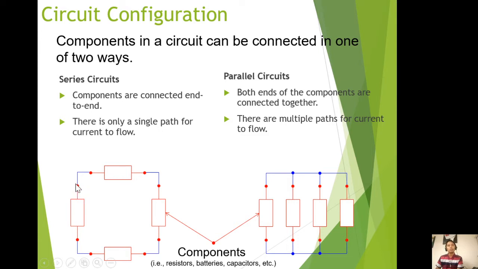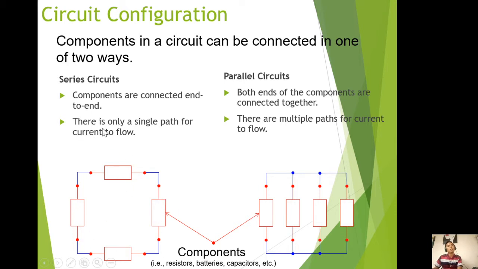The terminal 2 of resistor 1 is connected to terminal 1 of resistor 2. This blue line is a connector, it might be a type of wire. And the other end is connected to another resistor, and so on and so forth.